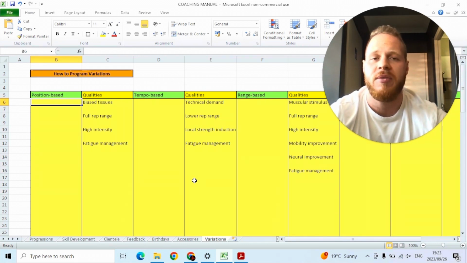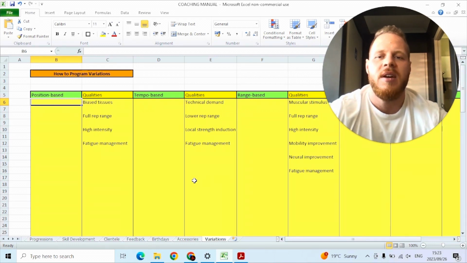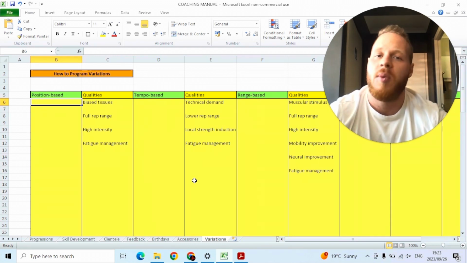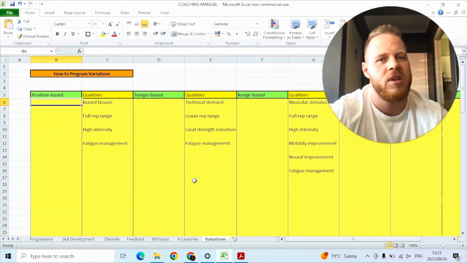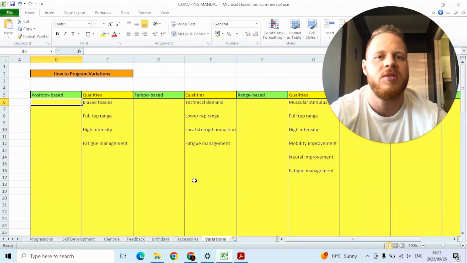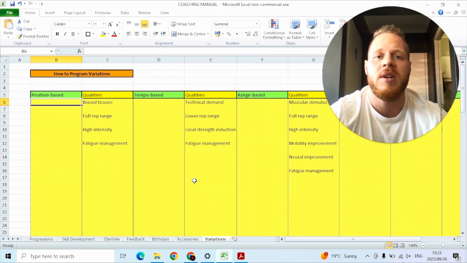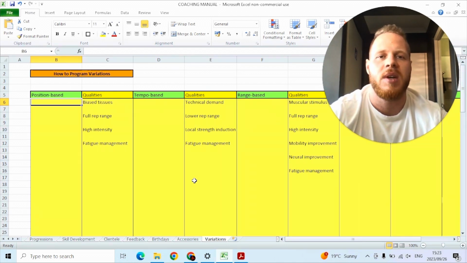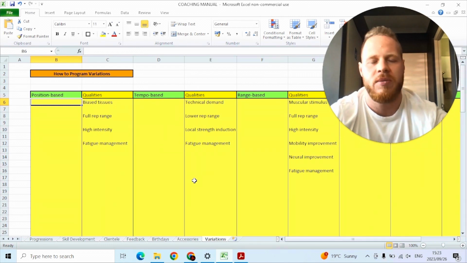Before I get into all of this, the one thing we have to understand with variation work is that it's for two reasons. Number one, of course, is working on weak points. When it comes to training in general, the only reason we do anything over and above just our squat, bench, deadlift, competition work, is to work on lagging weak points, things that we can improve on that will assist our three main lifts.